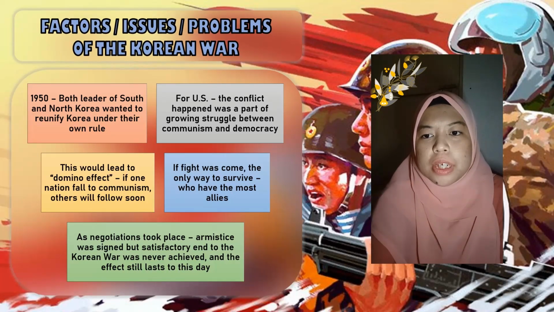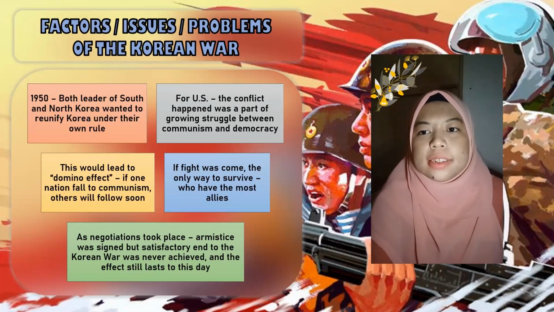While the anti-communist fervor of the US would come to be derided by later generations, the truth is that the Soviet Union very much wanted a unified communist Korea, also believing that an ultimate confrontation between democracy and communism was inevitable, and if that fight was to come, then the only way for any side to survive was to have the most allies. In short, everyone believed that World War III was inevitable.